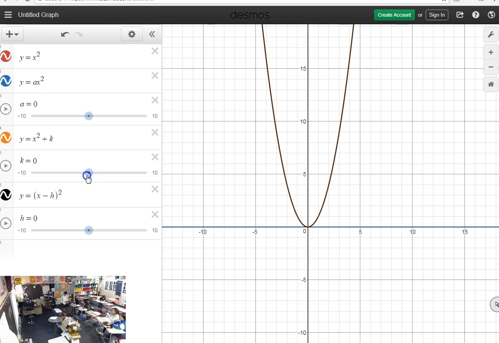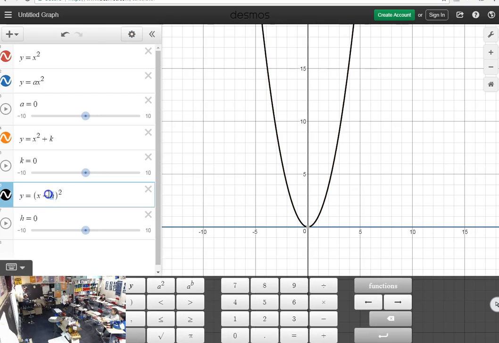Alright, I need your eyes on the board. What is your prediction for when I make this plus H instead of minus? Not that it really matters. But what do you think is going to happen when I make H 3? Oh, it's going to move that way.